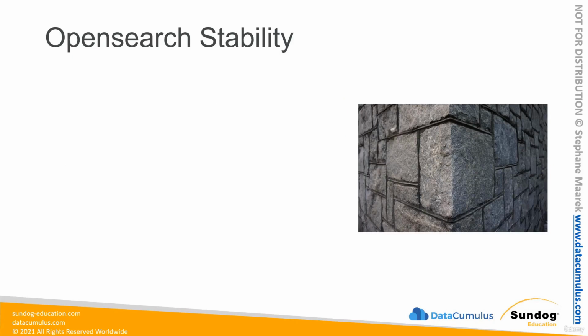A few notes on OpenSearch stability that you might need to know about. So first of all, it's important to have at least 3 dedicated master nodes. That's the best practice. If you have one, it might go down, and then you're out of commission, right? You can't just have a single master node because that's a single point of failure. Why not just have 2? Well, the problem with 2 master nodes is that you can get into what's called a split brain condition.